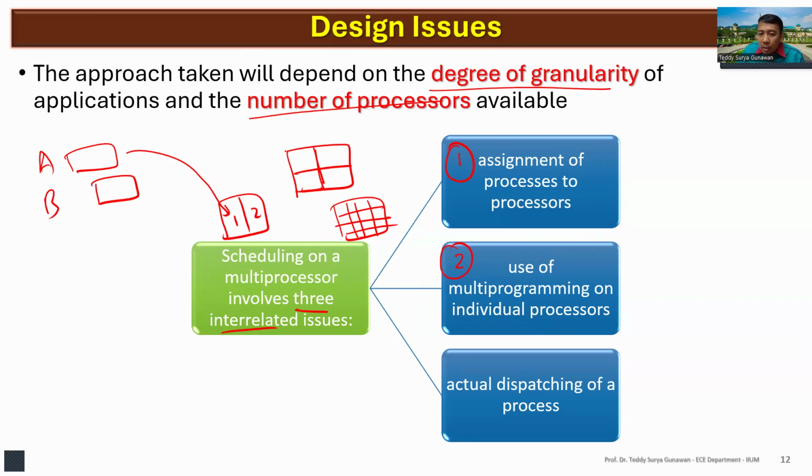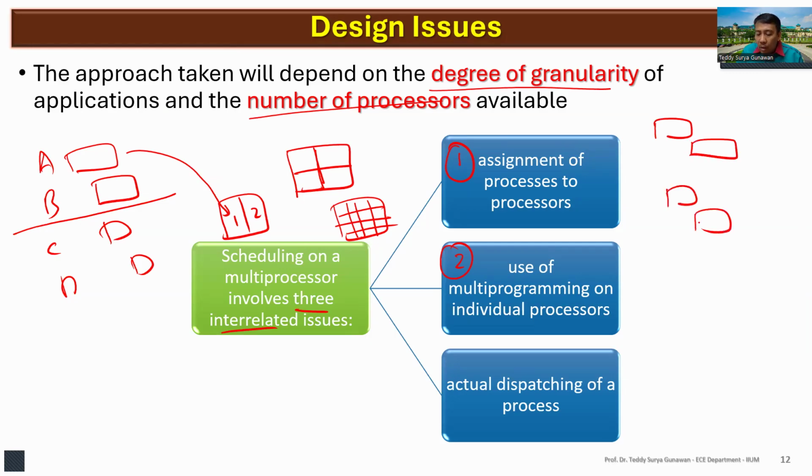If you have, for example, C and D and you allow multi-programming, then A and B on core number 1 need to interleave, and C and D can overlap.